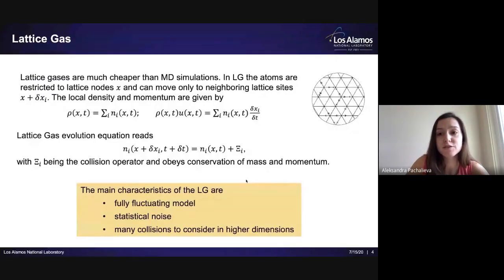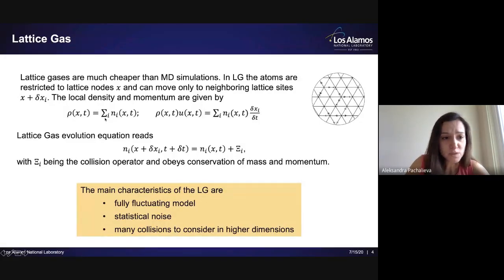They're cheaper because we constrain our particles to follow a certain velocity, a certain path, so it's a discrete system. And we have our density and momentum equations, which are given over here. I don't know if you see my mouse. I hope so.